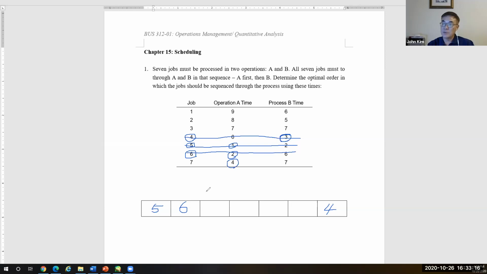Take job 7 here. And this one next shortest, job 2. This one is second machine, so job 2 here. And 6, job 1, second machine. Then the last one.